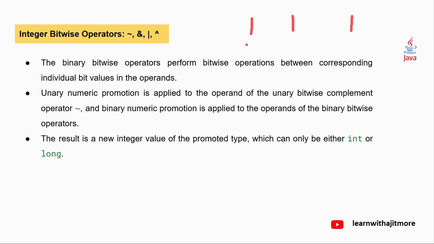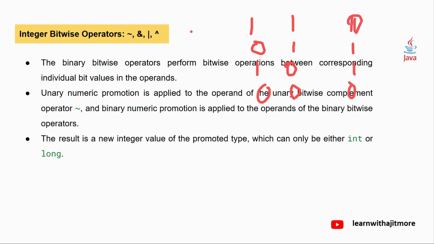In XOR, when both the bits differ, meaning 0 and 1 or 1 and 0, then only you will get 1. In all other cases, when both bits are the same, you will get 0.